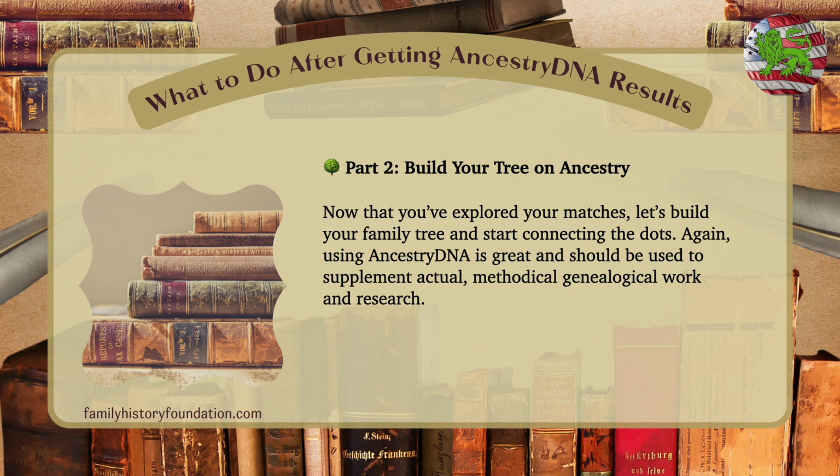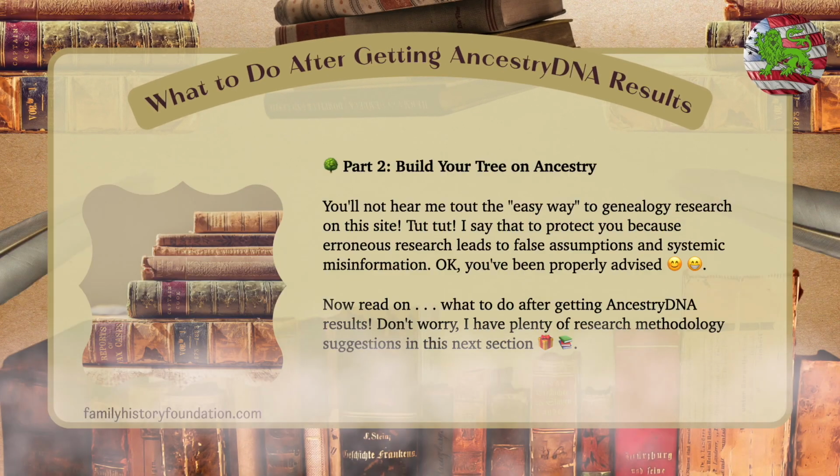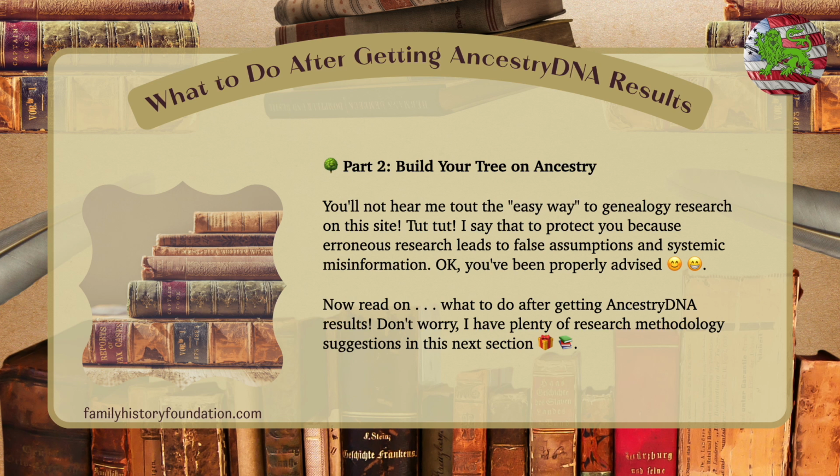So, you'll hear me, well, let's just phrase it this way: you will not hear me tout the easy way to genealogy research on this site, okay? I say that to protect you, because erroneous research leads to false assumptions and systematic misinformation. You've been properly advised. That's me on my soapbox, okay?